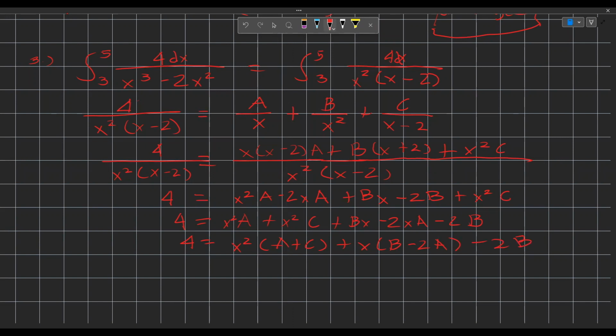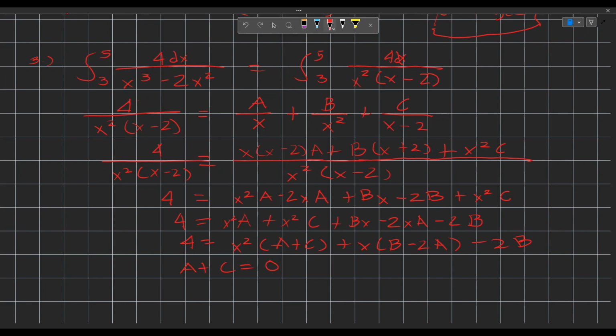And since on the left side only 4 is left, we can rewrite it as A plus C is equal to 0. Since the x is already missing, we can assume that this whole term is equal to 0.